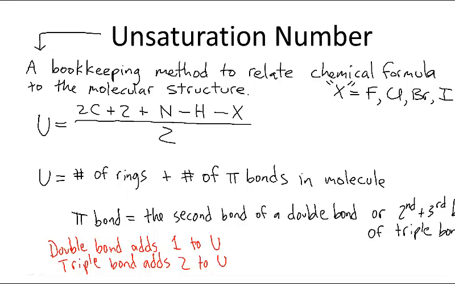So when you look at a structure, you should be able to relatively quickly determine what its unsaturation number is, because you're just counting these extra bonds and the rings in the molecule.